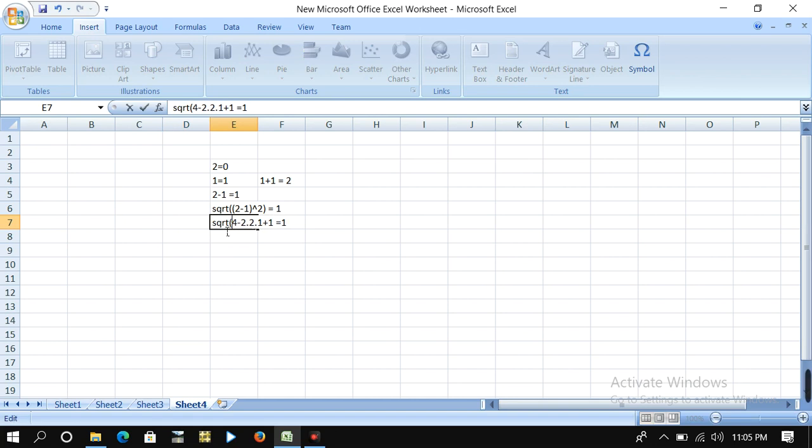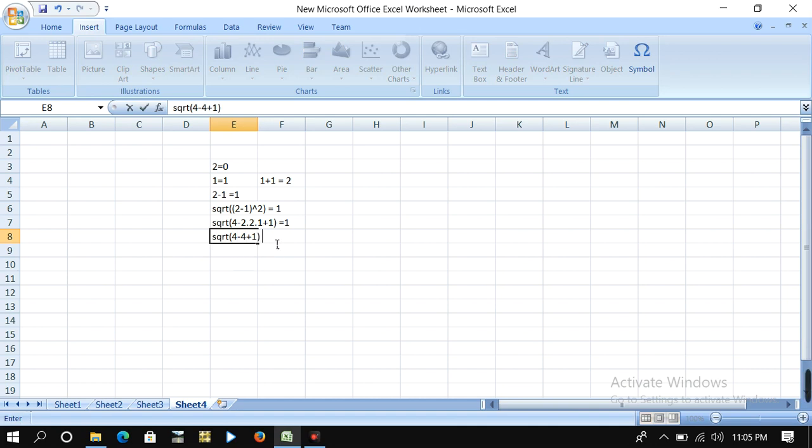The next step is, here I can multiply 2 with 2 together, so then it will be again the square root of 4 minus 4 plus 1, which is now surely assumed to be equal to 1.